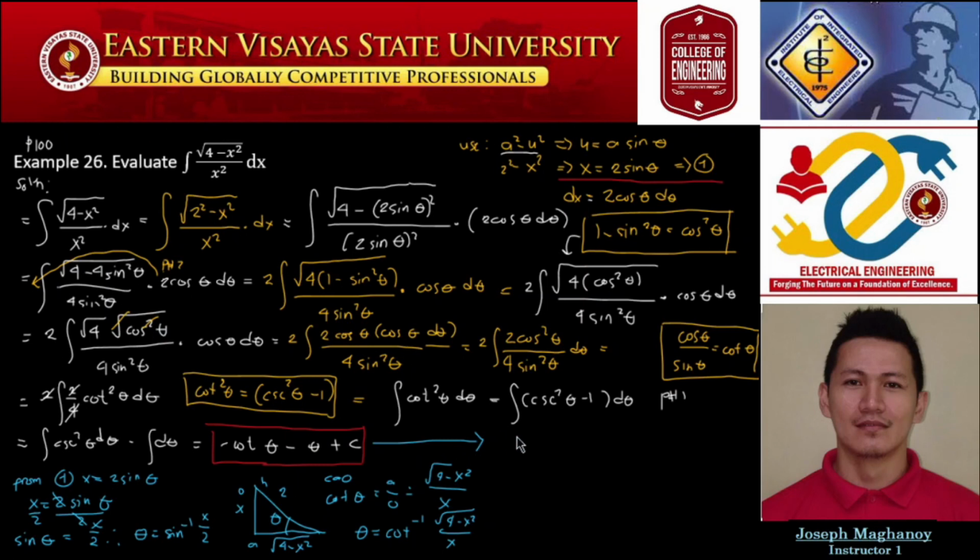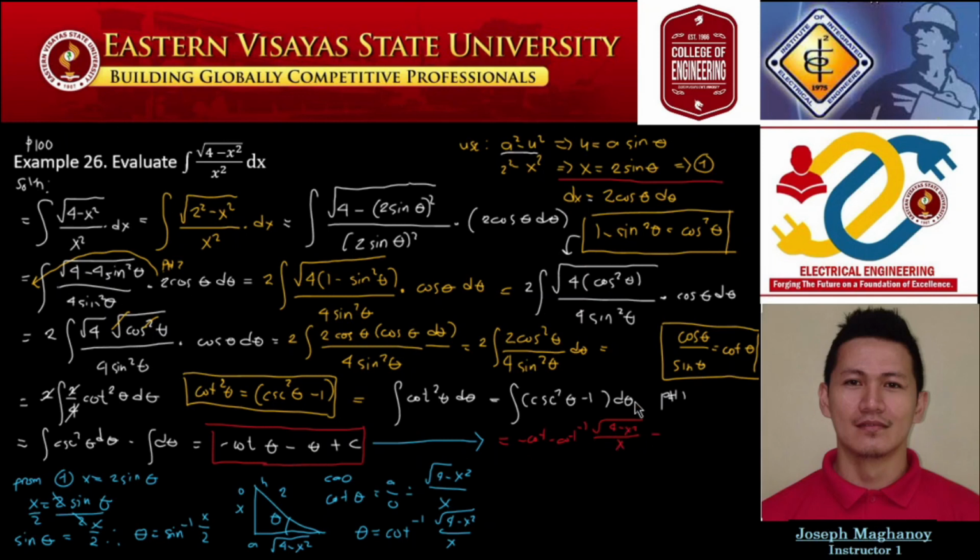So we rewrite negative cotangent. So we substitute theta from our cotangent. That is cotangent negative 1 square root of 4 minus x squared all over x, and minus theta.